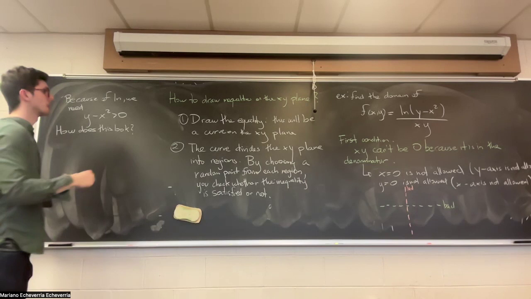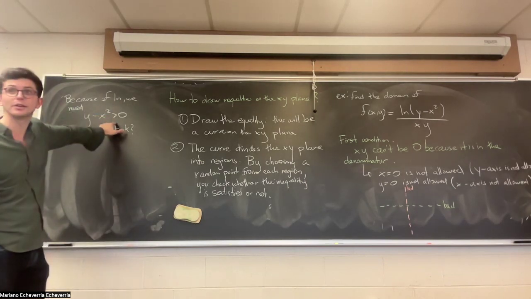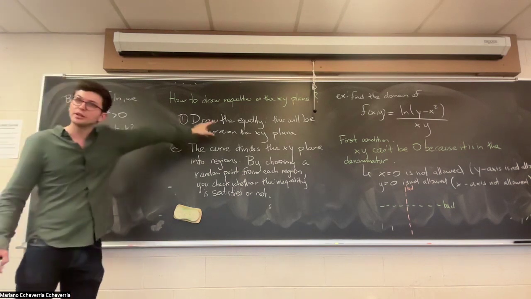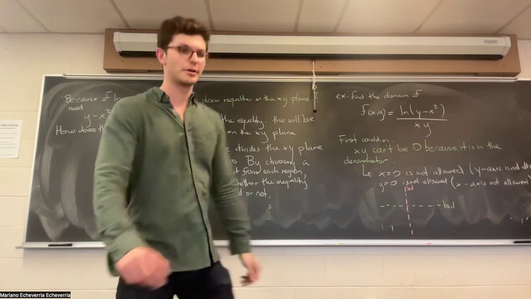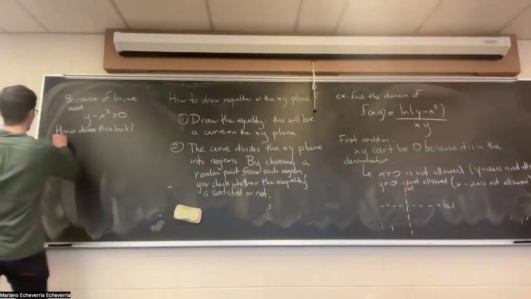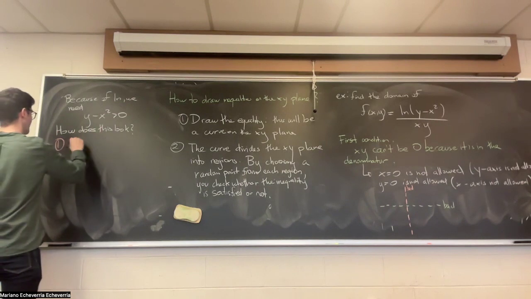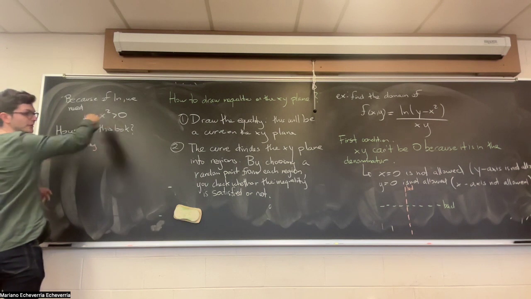To draw the inequality, the step is just to draw the equality first. So let's put this as an equal sign. Step one is to draw the equality, which is just replacing the inequality by equals.